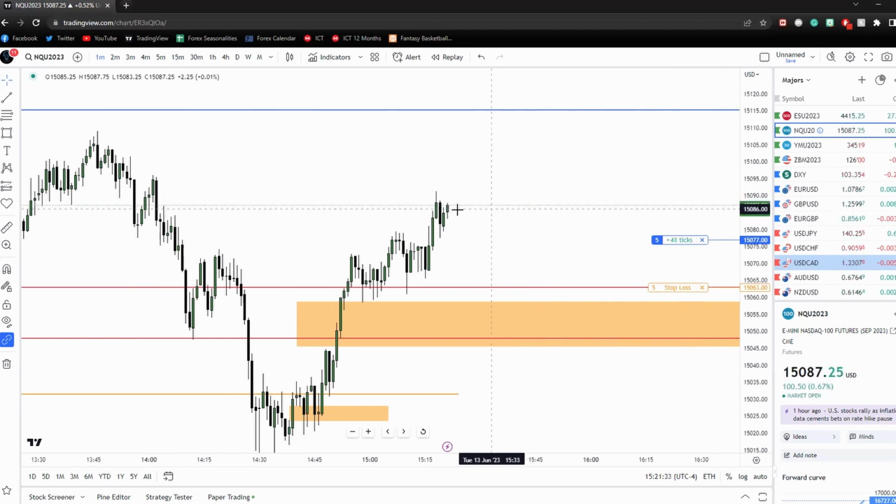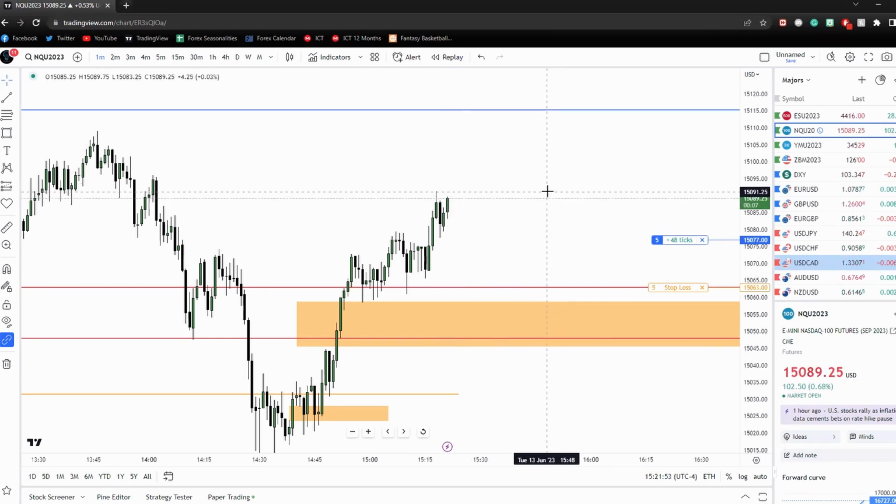If it can get above this candle's high, then this candle high gets taken out, and I'm looking for this candle high to be next, right? So after that, boom, I'm looking for this candle high to be taken out next. And when this candle high gets taken out, I'll collapse some profits.